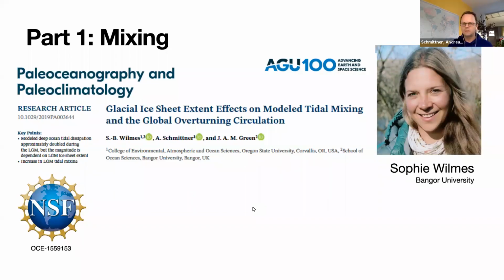This has been published partly in this paper that came out last year. Some of you may remember Sophie Wilms, who was here for a couple of months but is now back in Bangor.